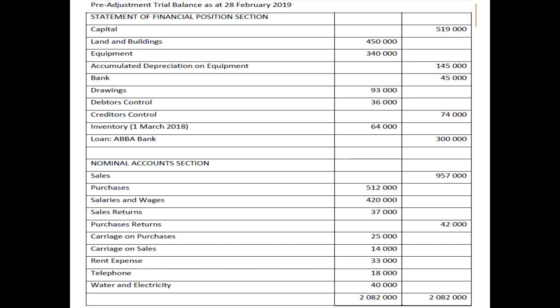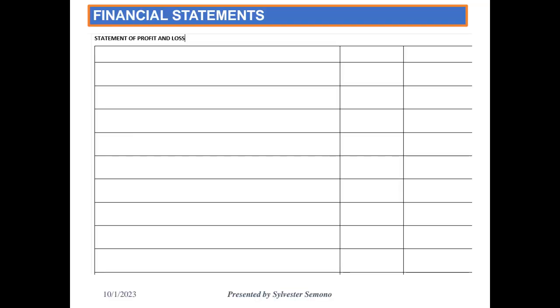What is the first thing that we're going to use? Remember, we are dealing with the statement of profit and loss, so we always start with sales. Are we gonna start with bank?